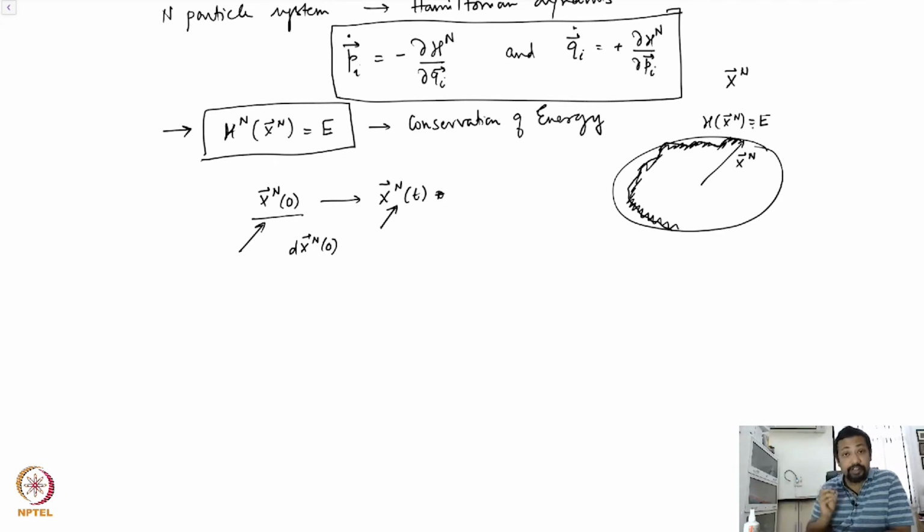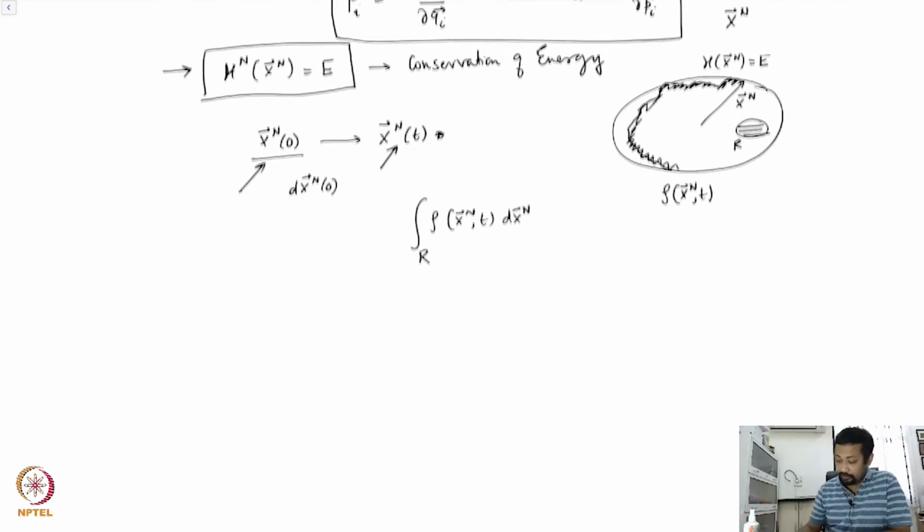And since I have a continuum of state points like a fluid, we have defined this rho of xn, t, so that if you want to ask what is the probability of finding the system within a region R, then that probability is rho of xn comma t dxn integrated over R, right?